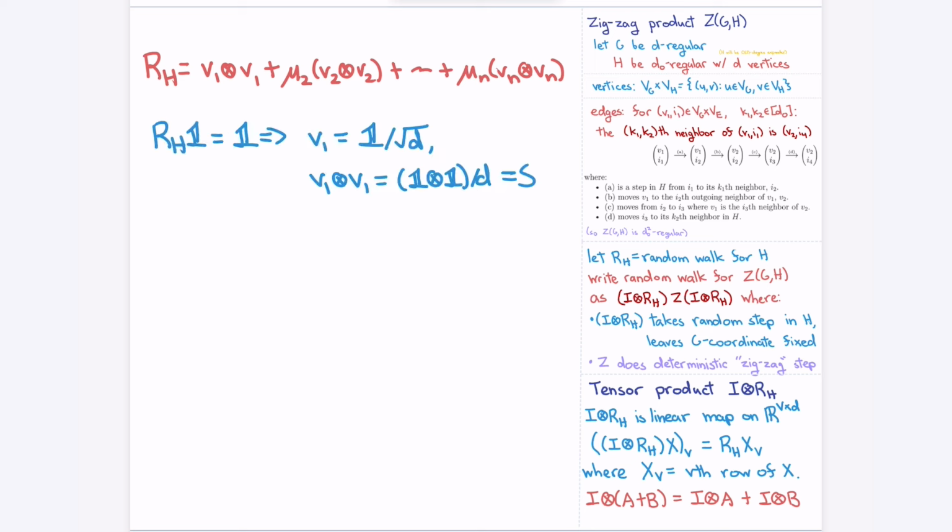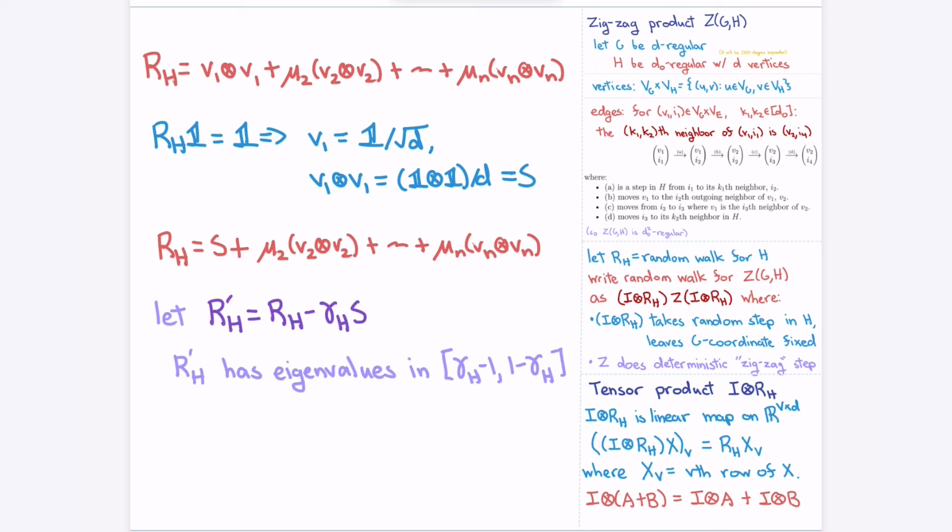And we know that V1 is proportional to the degrees, so it's the all ones vector divided by the square root of the degrees, if you want to make the L2 norm 1. Good. So that would give us that matrix S that I mentioned before. So all ones divided by square root D, the outer product with itself, will give you the all ones matrix divided by D. Okay, so that's like the random walk in the complete graph.